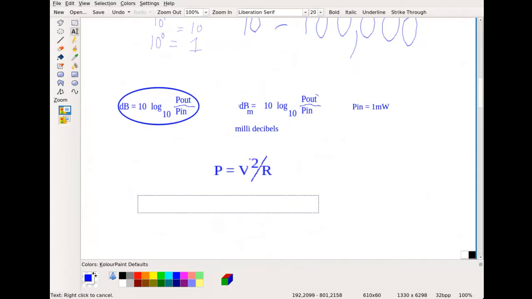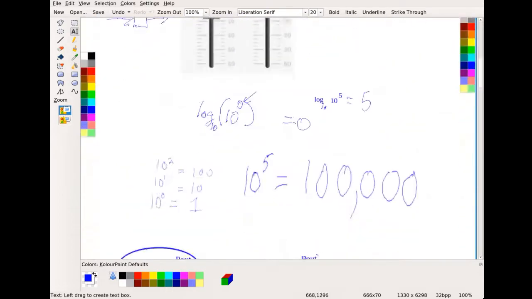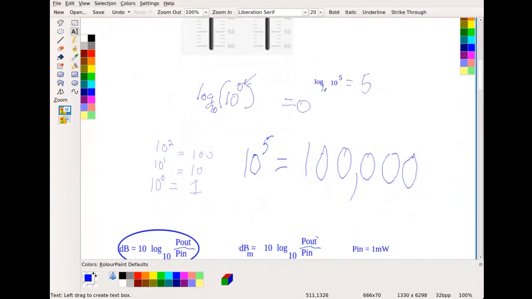And so therefore we can talk about dB voltage. Because of this square, and I just did this for you right here, when you take the log of this, you're basically getting the exponent.